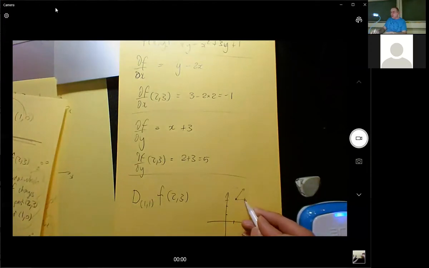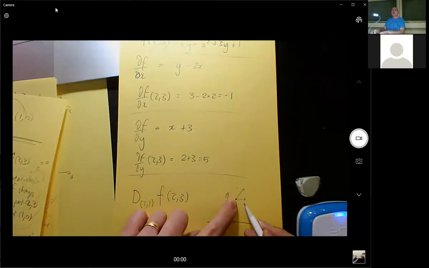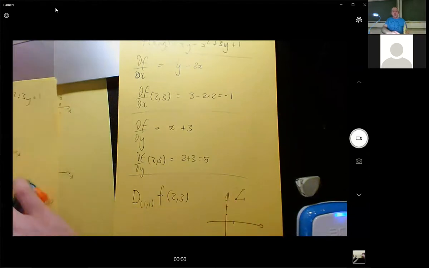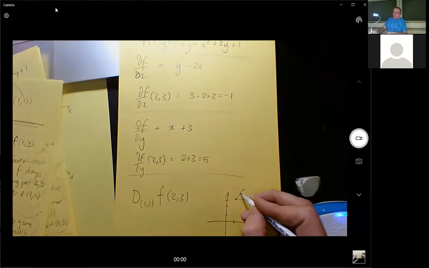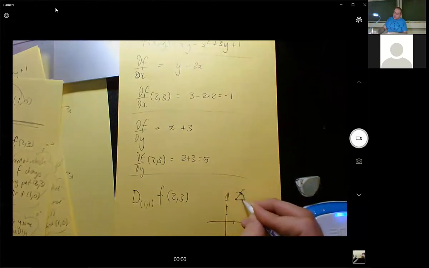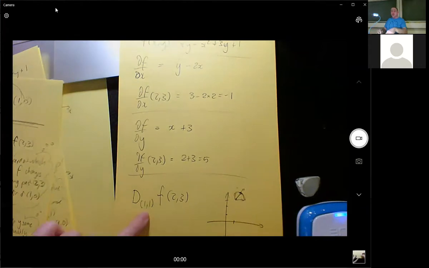And the direction (1, 0) is this. And this vector is longer than this vector. That's not going to work, because even with an ordinary function, if I go a further distance, the function will go up a further amount or down a further amount. So I need to make sure that the direction that I'm going is the same distance as these directions as well. So I need to make this into a unit vector in order to use my thing.